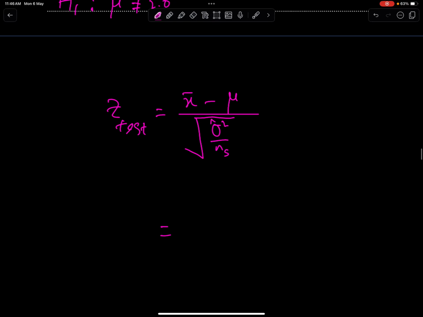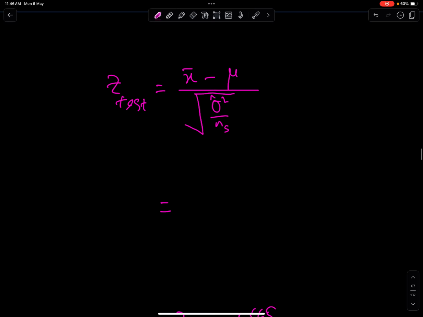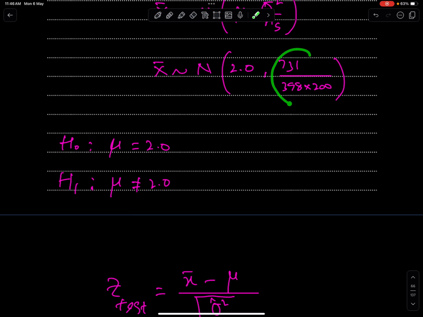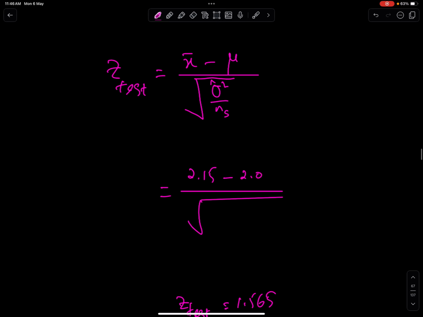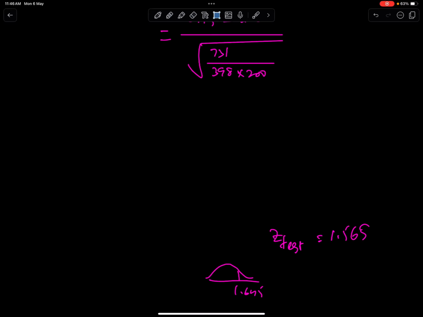So by substituting the values into this formula, we have X bar is 2.15, mu is 2.0, and the square root of 731 over 398 times 200. When we solve this, we get the value 1.565. This is the Z test.